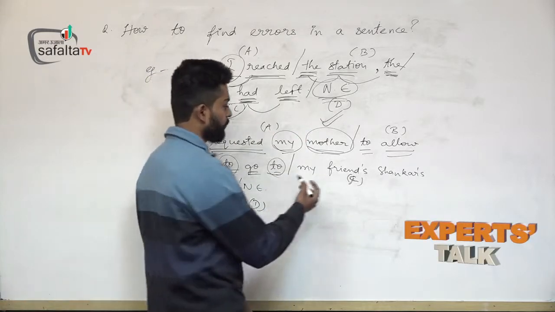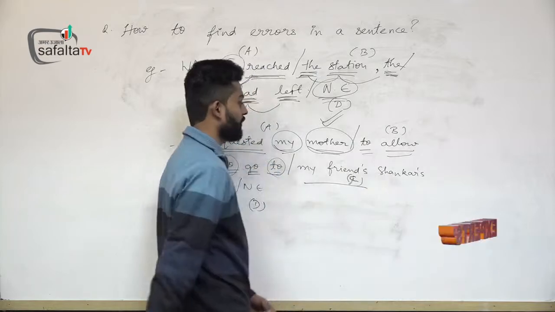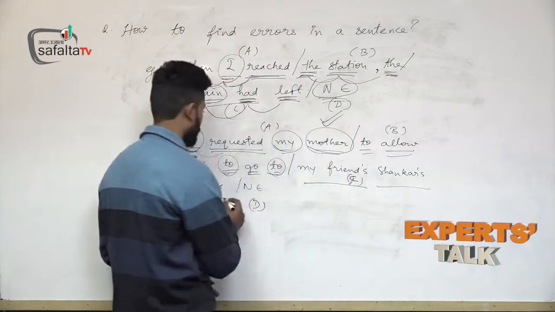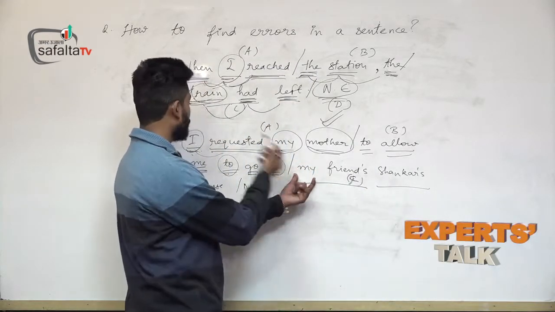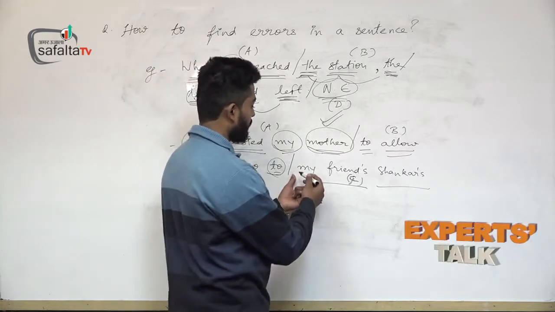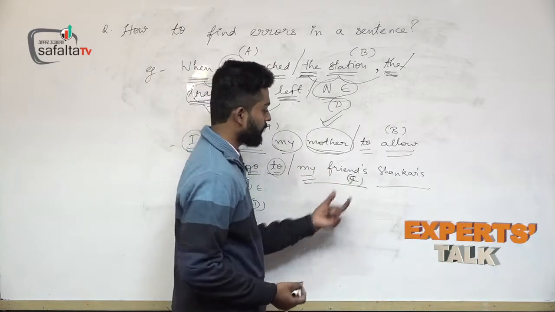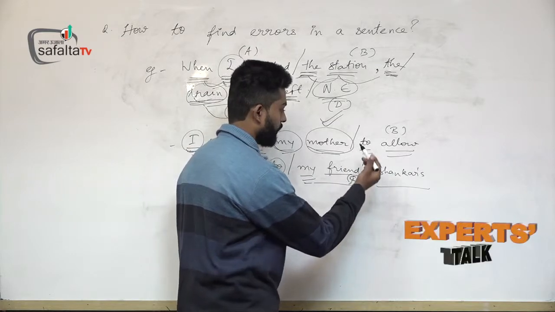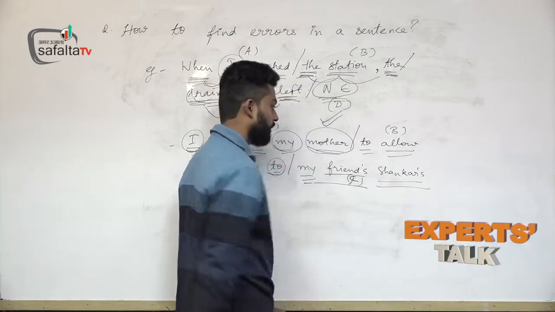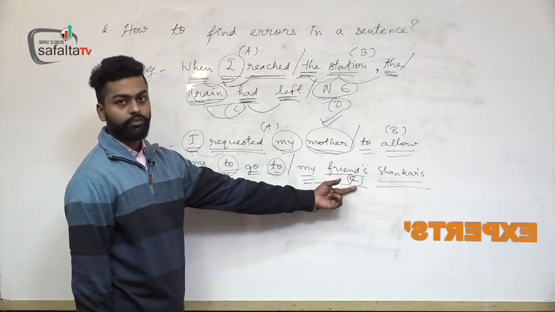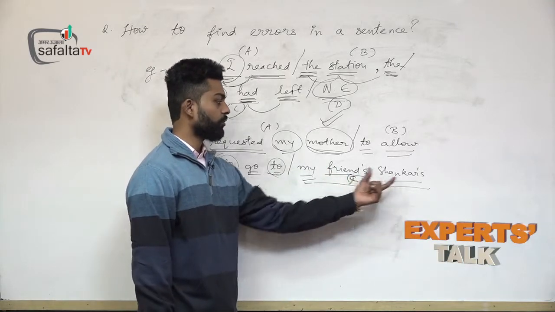Now when we go to the third part, that is my friend's Shankar's house. My is used according to I and my is correct. Then we move to the word friend's, apostrophe s, then Shankar's, that is Shankar apostrophe s. Apostrophe s is used in both the word friend's and Shankar's.